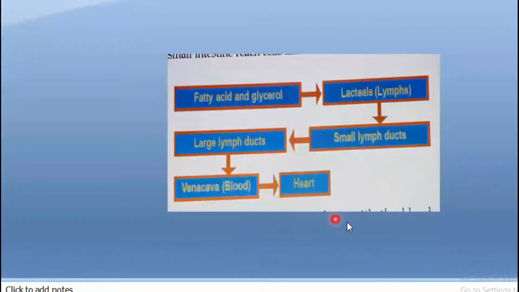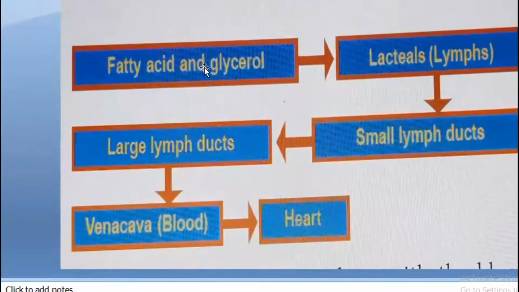In order to understand that, use this flow chart. All of you go through this flow chart. Fatty acid and glycerol are absorbed by the lacteals, which are the branches of the lymph capillaries. Then that is divided into small lymph ducts.